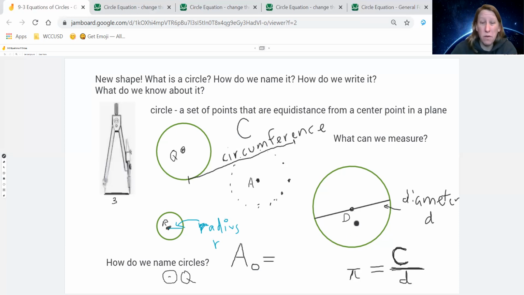I can show you where it came from. There's actually a really cool video, but maybe we'll do that later. So this is pi r squared. So if you know the radius, you can find the area of a circle. That's the only measurement you need, really. If you have the radius, you can double it for the diameter, and then you can find the circumference. So the radius is really the coolest measurement on the circle.